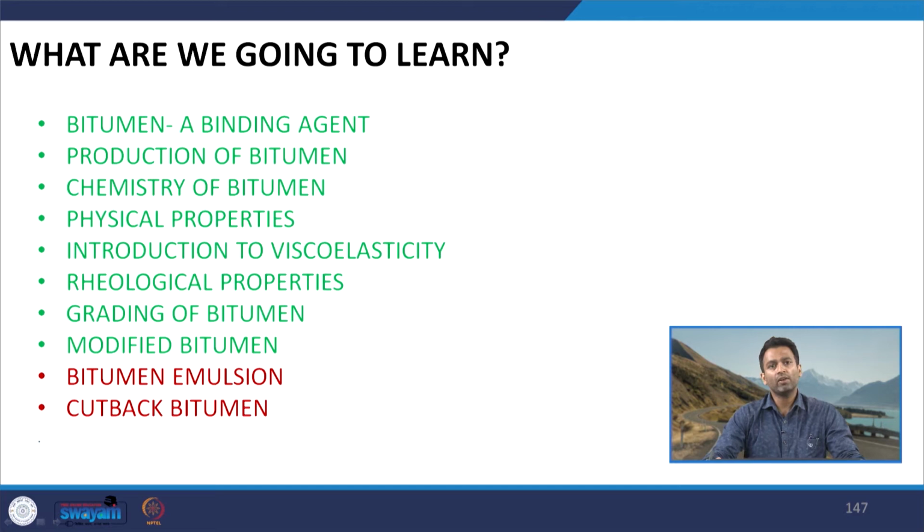If you remember, in the previous presentation we discussed the modification of bitumen. We discussed that there can be various additives to modify the thermorheological properties of the bitumen, and especially we discussed polymer modified bitumens, with a focus on some of the popular modifiers or polymers that are used to modify the bitumen and how they affect its rheological properties.